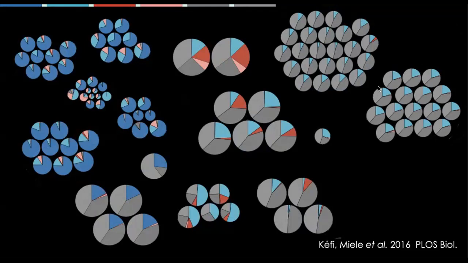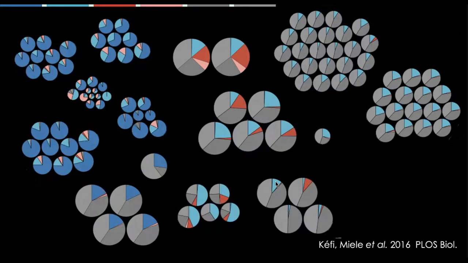Here, for example, you have a group of species that are mainly involved in competition, and they're eaten, basically the groups of algae. This is a multiplex cluster, a hub of species that are very much involved in the three types of interactions with many species in the web.